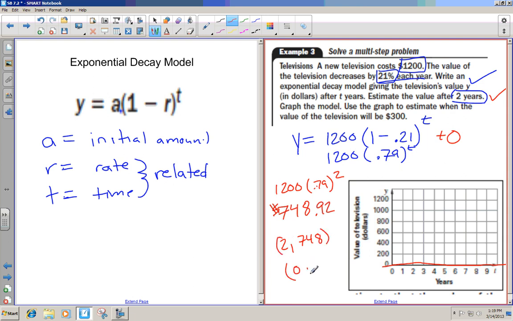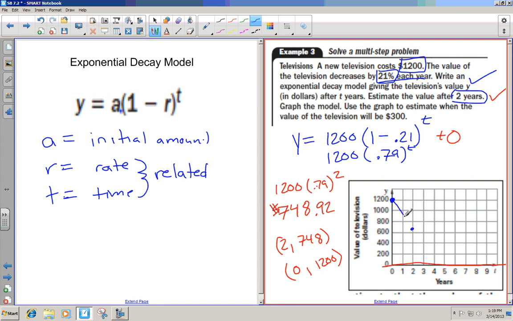We also know the initial value, at t = 0, is 1,200. Now, if you don't know where I came up with these numbers, just put it into the y equals equation on your calculator and look at the table. So at 0, 1,200, at 2, 748, and the asymptote down here.